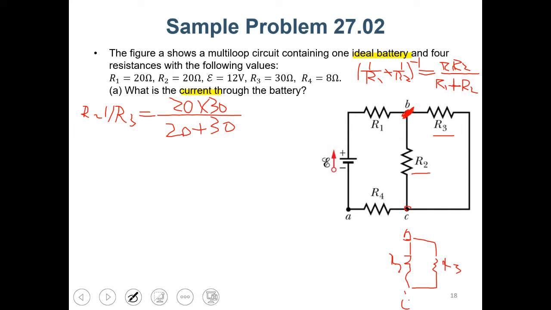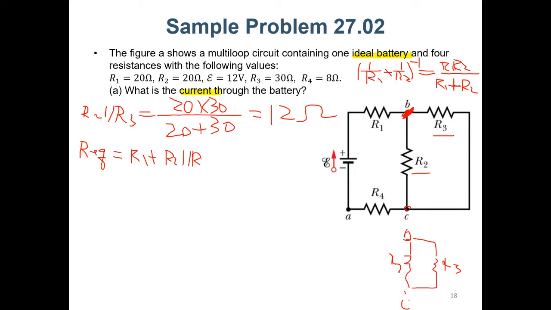So R2 parallel R3 should be 12 ohm, and then the overall R equivalent is R1 plus R2 parallel R3 plus R4, which is 20 plus 12 plus 8, which is 40 ohm.